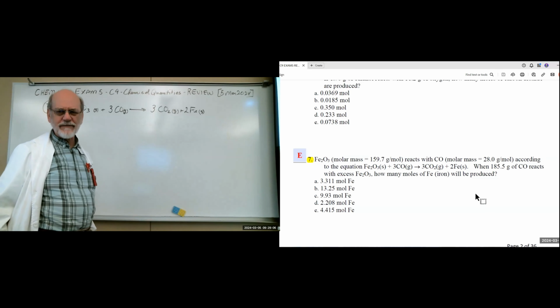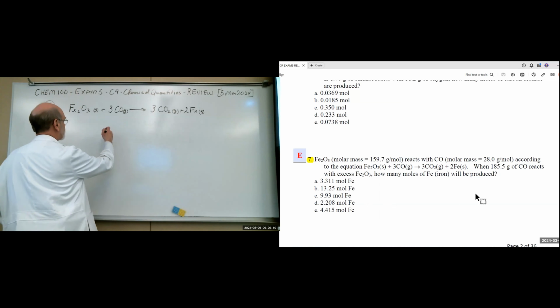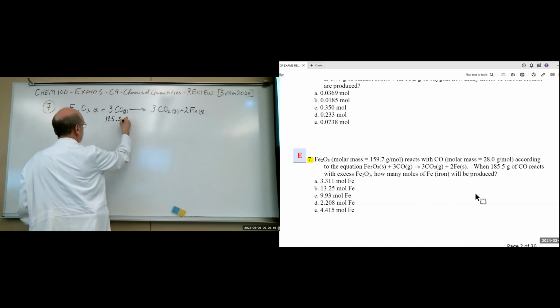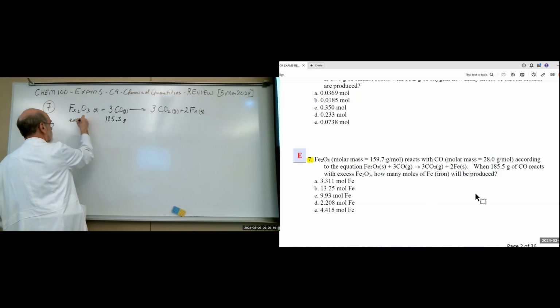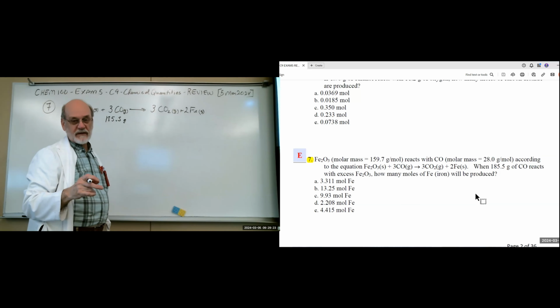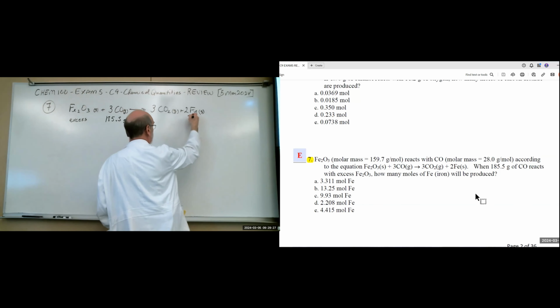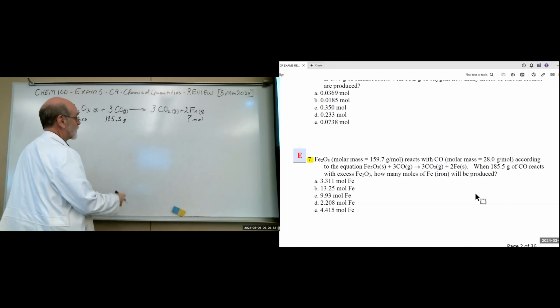Well, we're given 185.5 grams of carbon monoxide. Grams of carbon monoxide. And this is excess. We're told that in the problem. How many moles of iron will be produced? So we're looking for moles of iron. Okay.